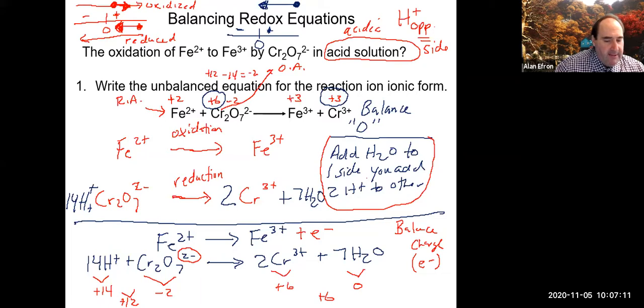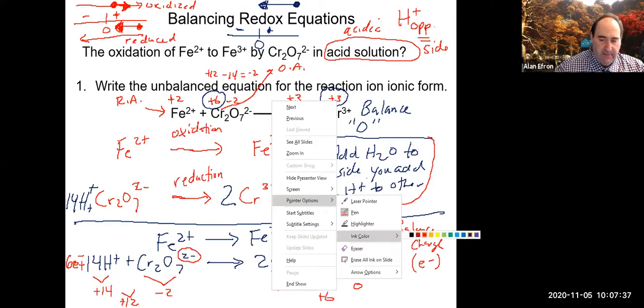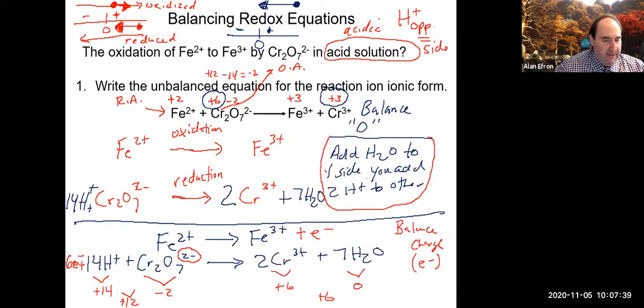That means that to get them to the same number, we need to add 6 electrons to the left-hand side there. And that's 6 electrons plus the +12 gives us +6 on the left and +6 on the right. Now, by identifying earlier on what was our oxidation and what was our reduction reactions, we were able to identify that the iron was our oxidation reaction.